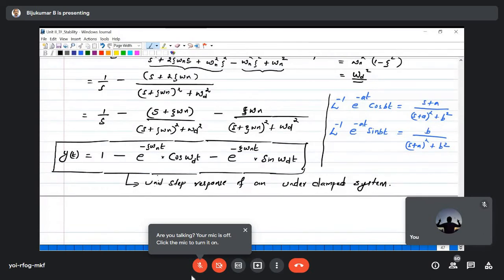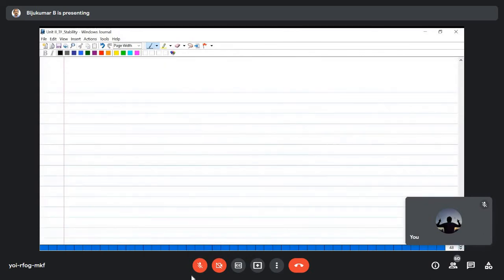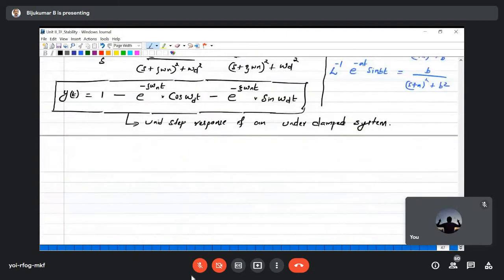So what are the observations? You have already seen this unit step response, right? And what are the observations from that? We have two exponential terms, right? And we already saw that the exponents of these exponential terms are the real part of the poles, right?